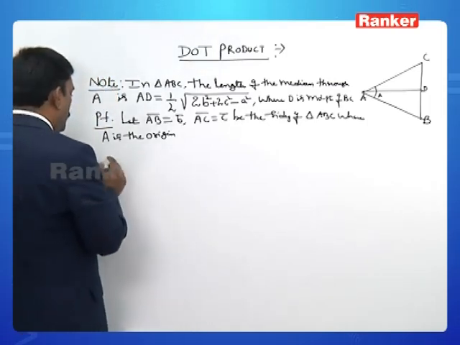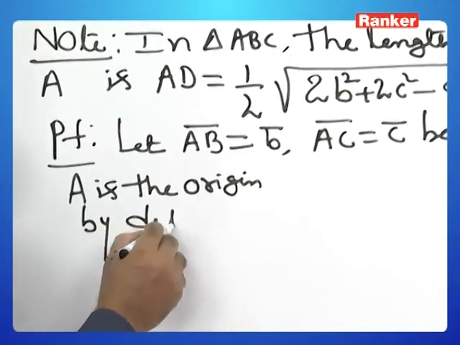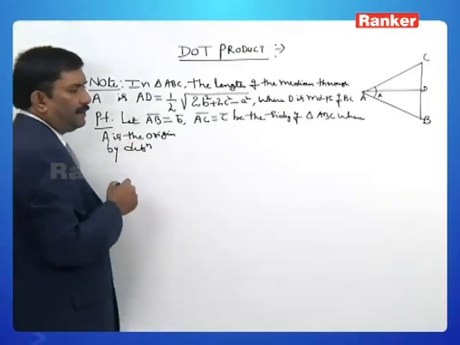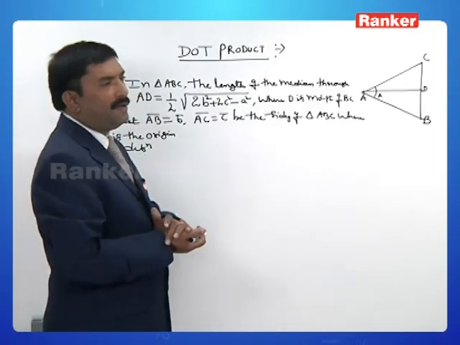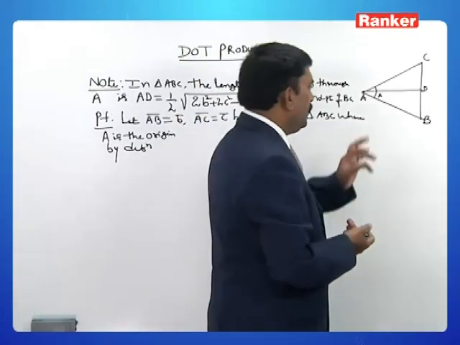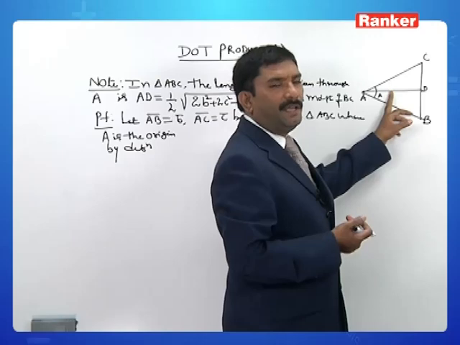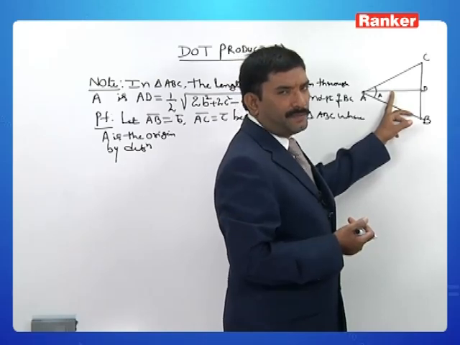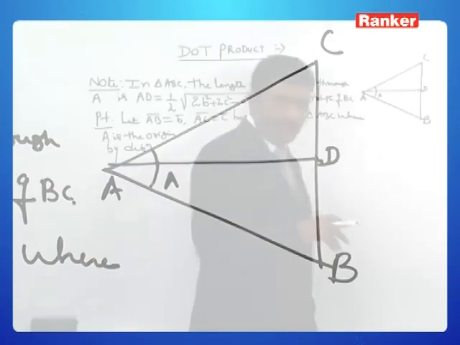Now, by definition, or by vector addition, or by definition of median, the median AD bar can be decomposed as the sum of these two sides by 2.